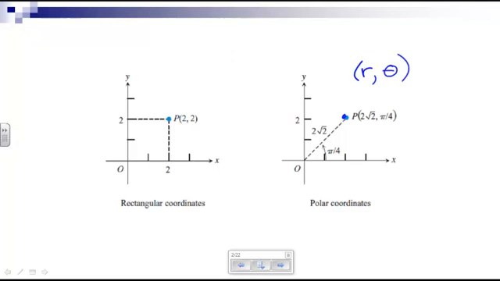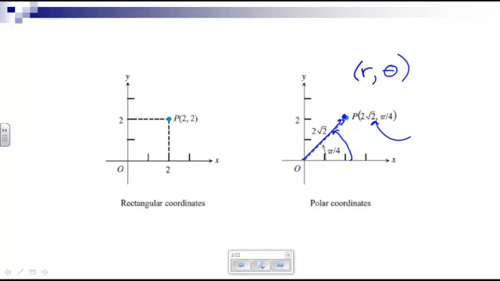For this particular point, we had to rotate 45 degrees, or pi over 4 radians, to get into the right alignment. Then we moved out a distance r of root 2. So we'll call this point in polar coordinates 2 root 2, comma, pi over 4.